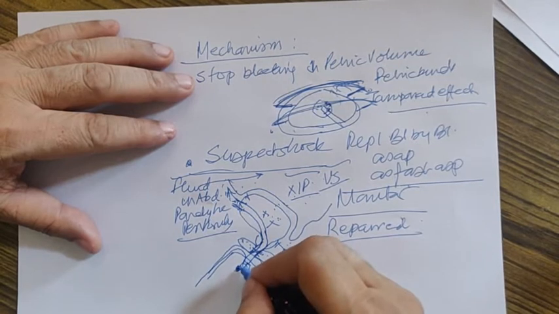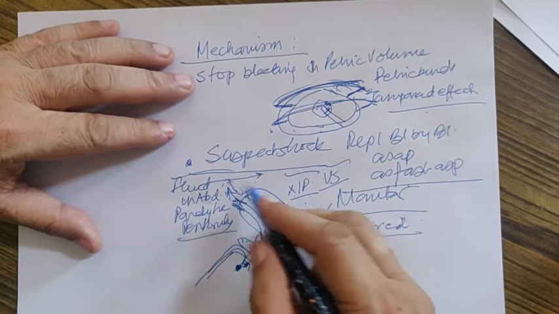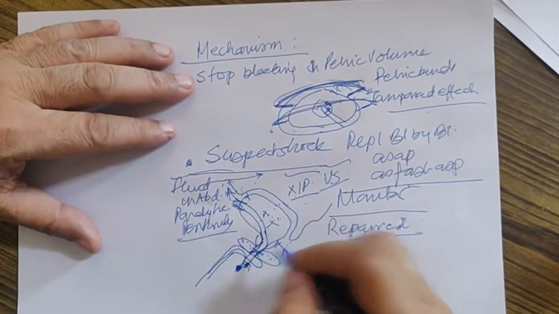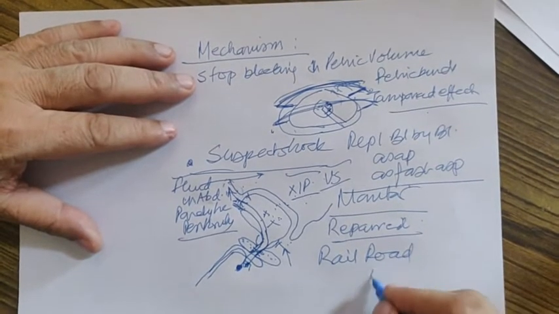Here you have to tie the end of the catheter to the Lister's bougie and draw it back into the bladder. So this is called the railroad method.